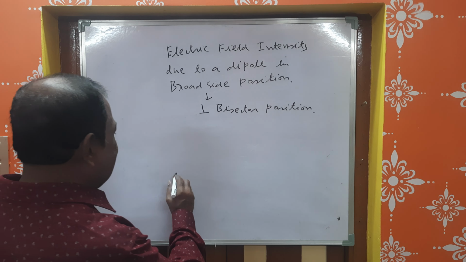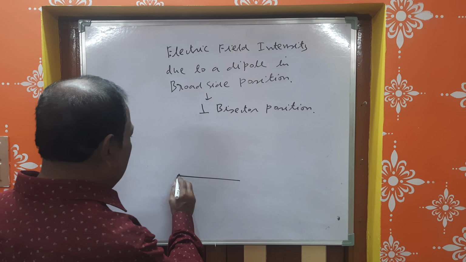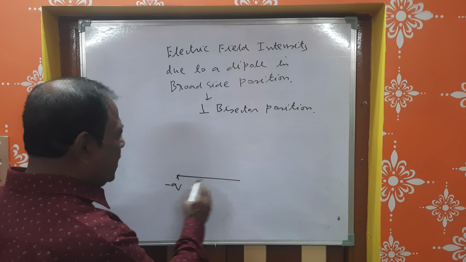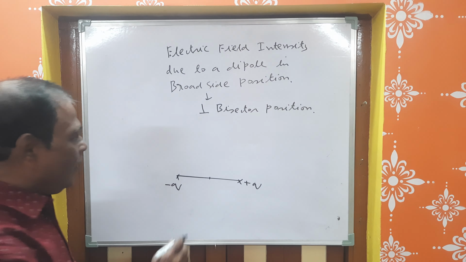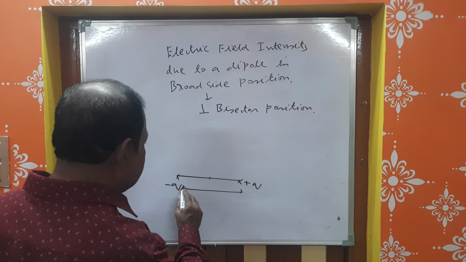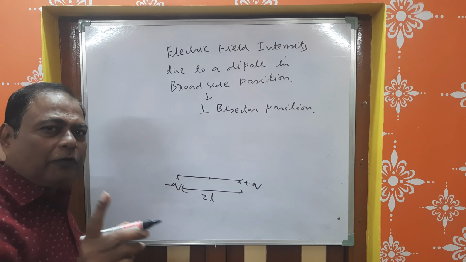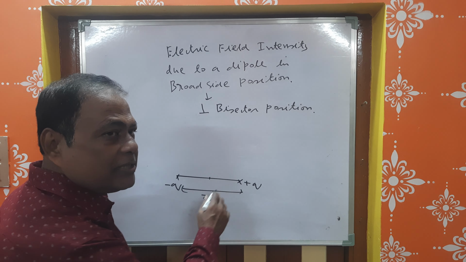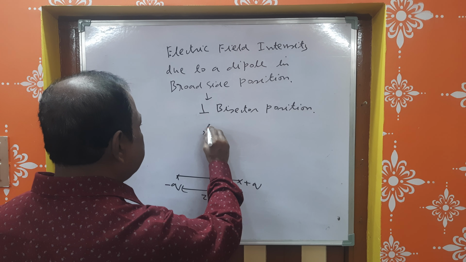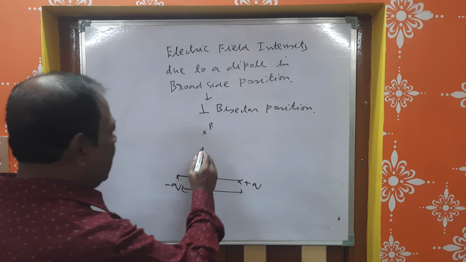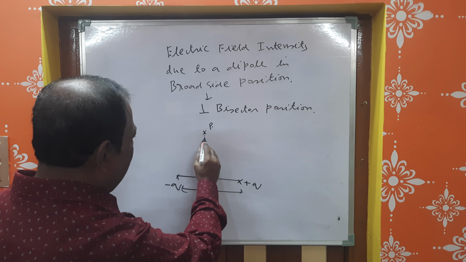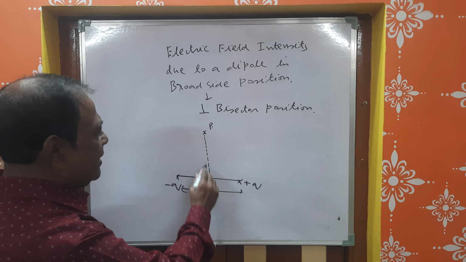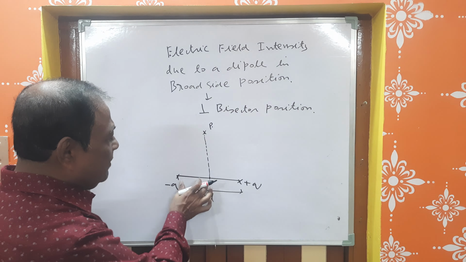So this is the dipole, that is the minus q charge, that is the plus q charge, that is the center of the dipole. Total length is 2L. I have to find out intensity due to this dipole at point P. P is on the perpendicular bisector, at distance R from the midpoint.